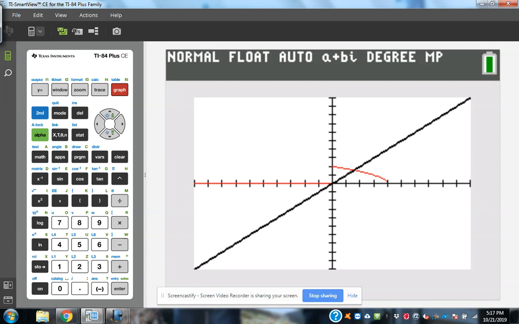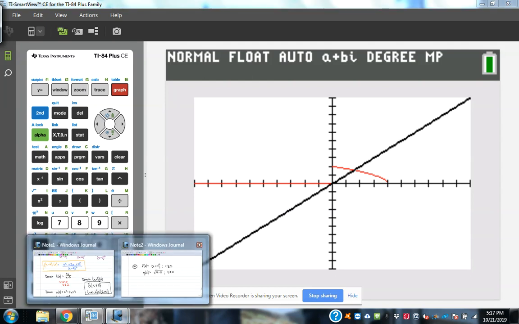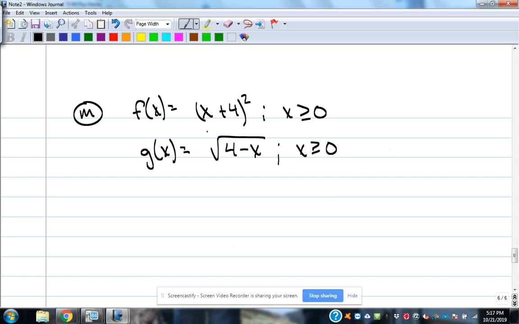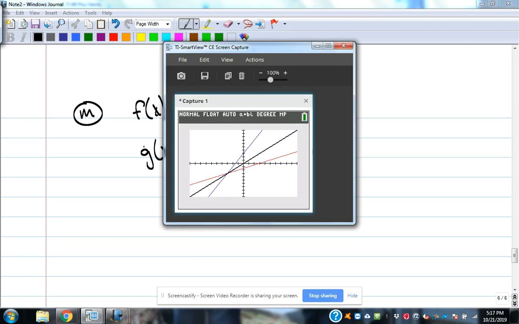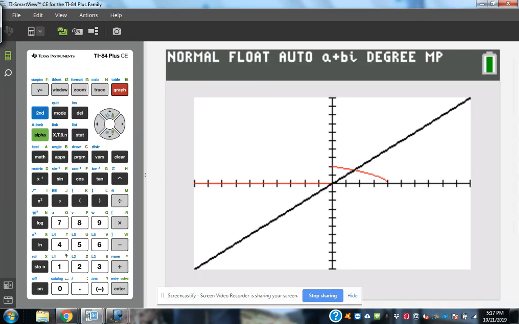X plus 4 squared should be a parabola 4 units to the left. Where is it at? Oops. Calculator. I know why. My restriction.